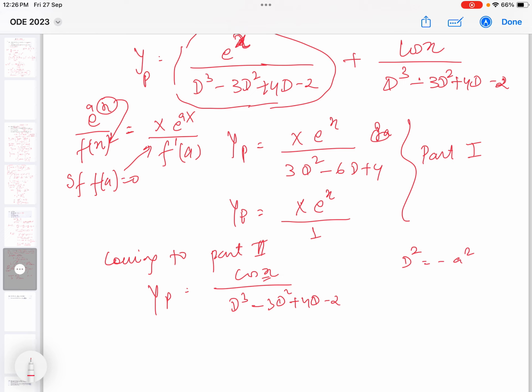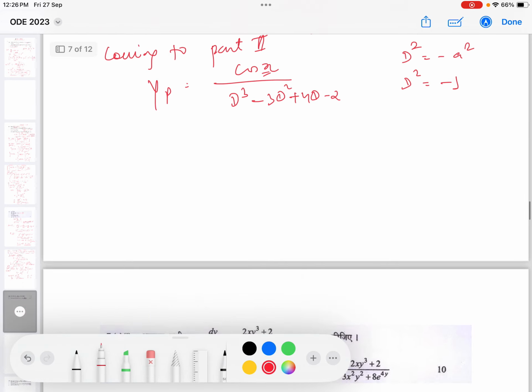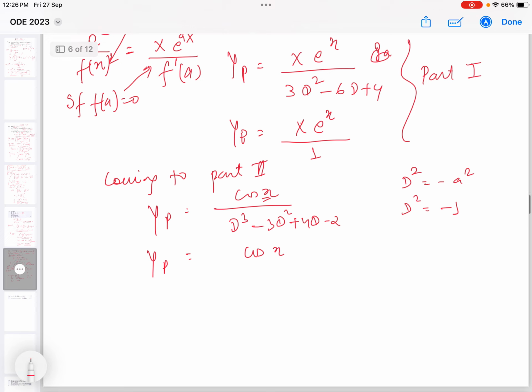So D square becomes minus 1. D cube can be factorized as D into D square, which becomes minus D.